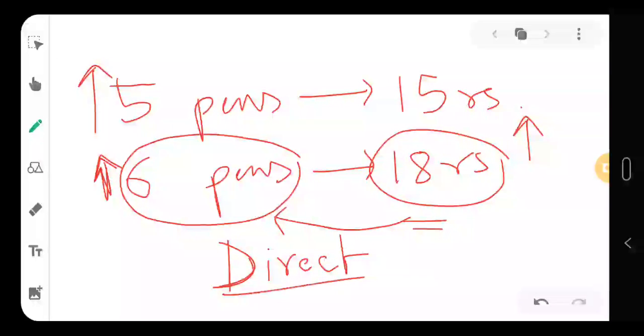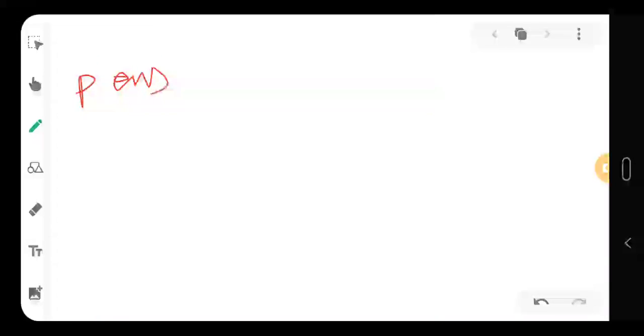Direct relationship. Now, if we make a chart of this, I'm writing the number of pens here, and here I'm writing the money I need.